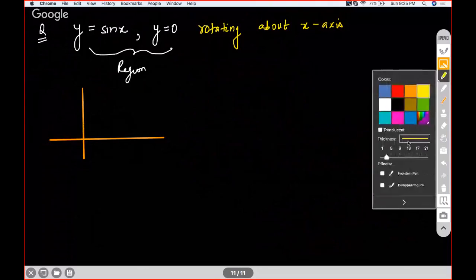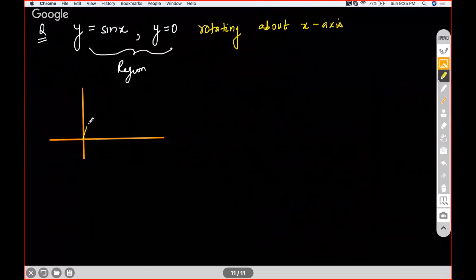Consider this to be the part which you're rotating. This is the solid.